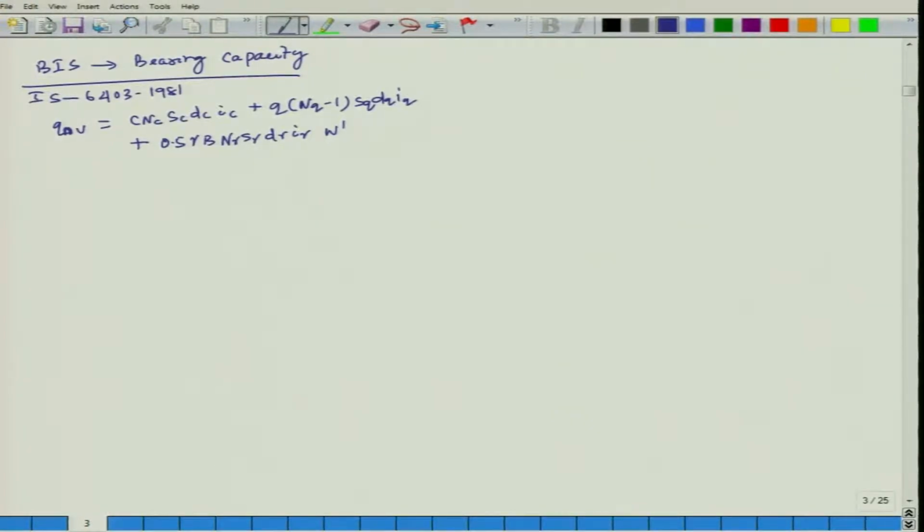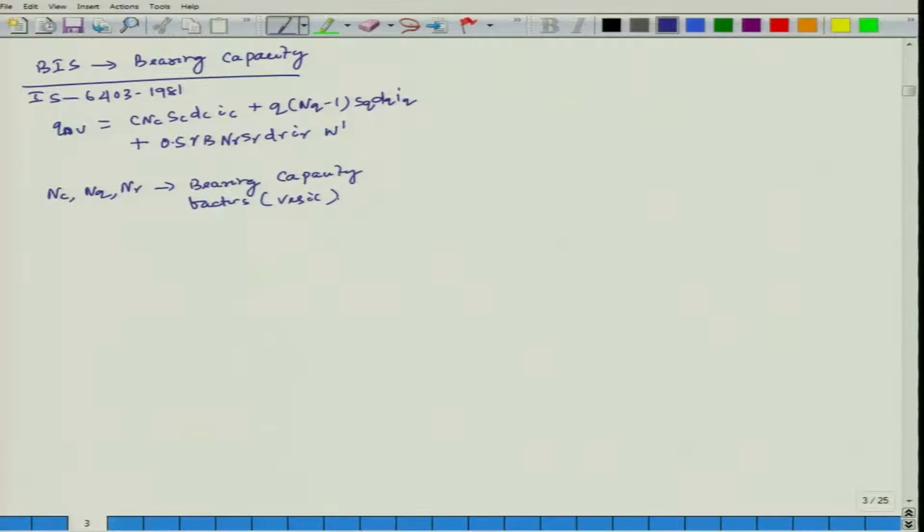They have given QNU as a net ultimate bearing capacity, and they also suggested NC, NQ and N gamma, the bearing capacity factors as suggested by basic.